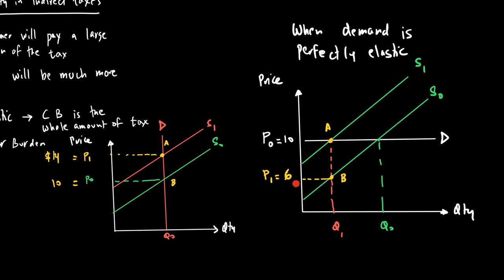Now this new price to be 6 doesn't mean the consumer is paying $6. The consumer is paying still $10, where demand meets the new supply curve S1. Of that $10, producer gives $4 to the government. So this AB distance, or P naught minus P1, is that $4, and producer ends up pocketing $6.